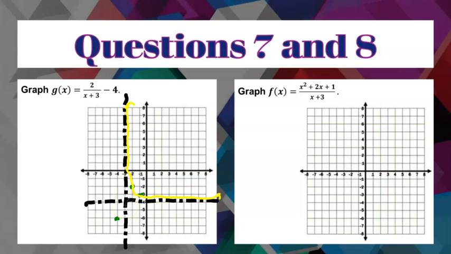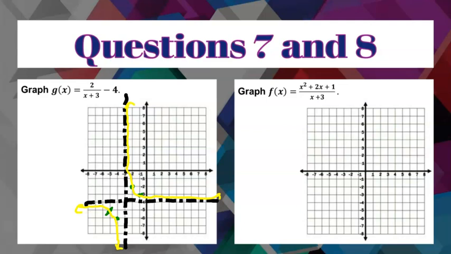And if I put a -5 in, -5 plus 3 is -2. 2 divided by -2 is -1. -1 minus 4 is -5. So I have -5, -5. Then I can draw my graph. It's going to come down like this. And there's our graph of that reciprocal function.